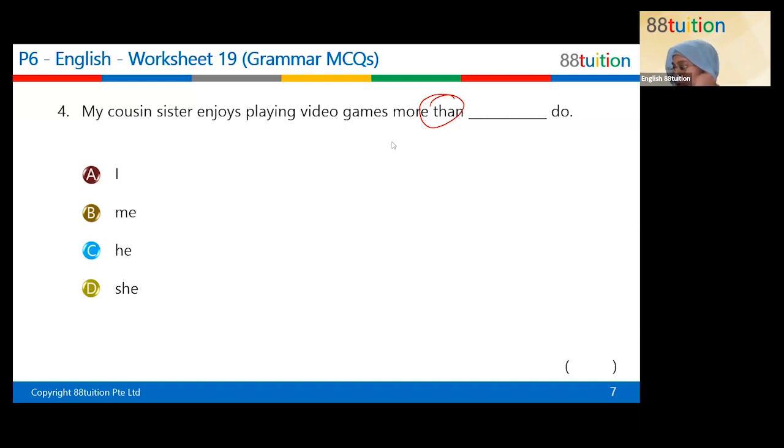More than I do, so this would be A. Okay, more than I do.